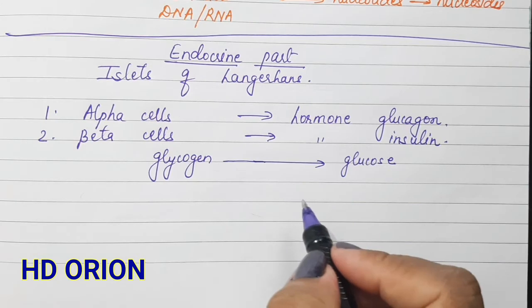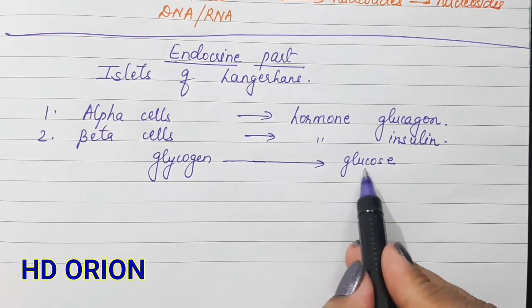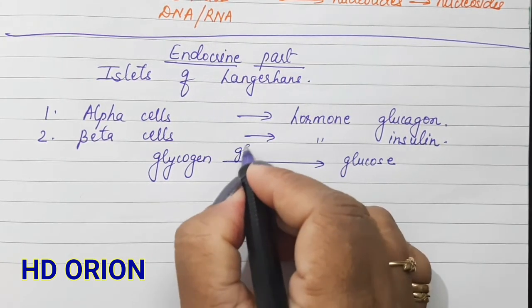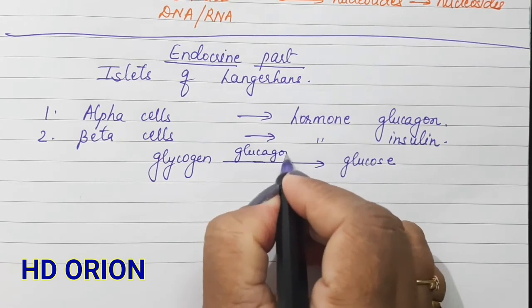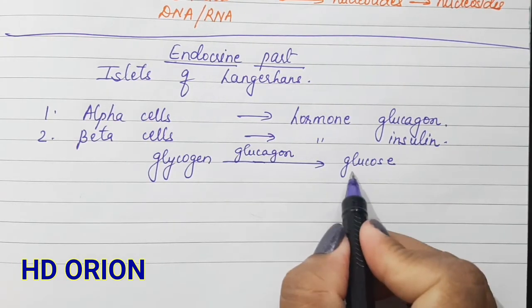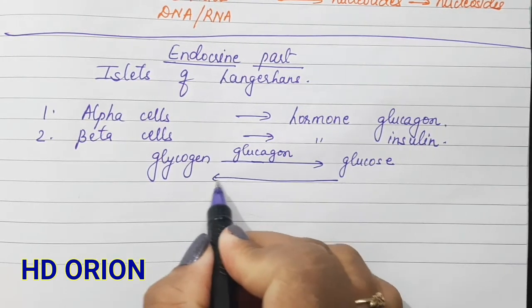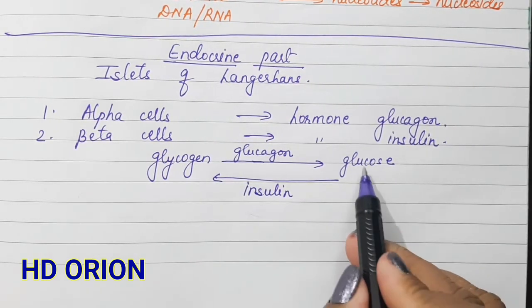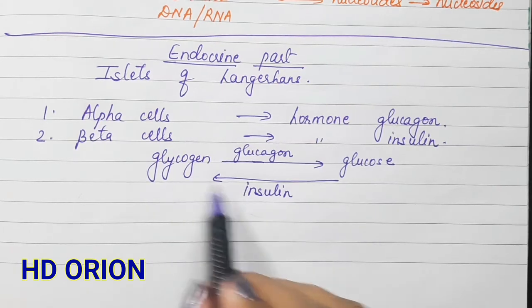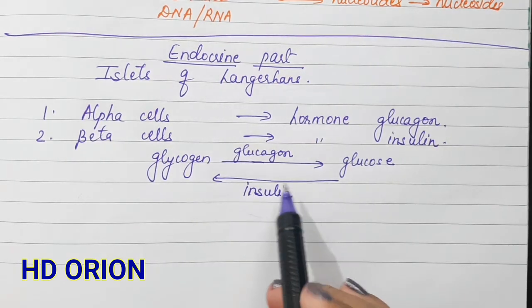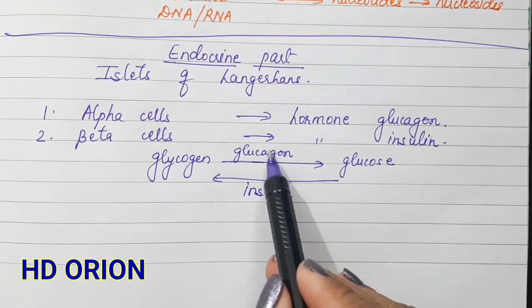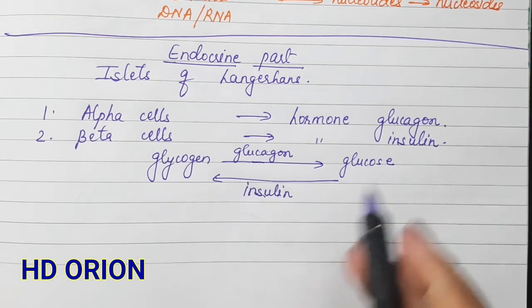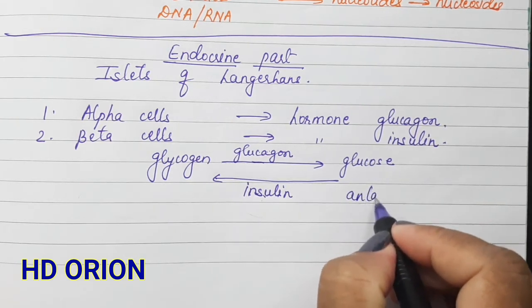When there is necessity, the glycogen is broken down into glucose by the glucagon hormone, while glucose is converted into glycogen by insulin. So whatever glucose is present in the body is converted into glycogen by the insulin. So you see, the mode of action of both the hormones is just opposite. So such types of hormones are called antagonistic hormones.